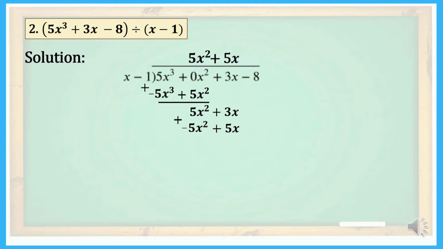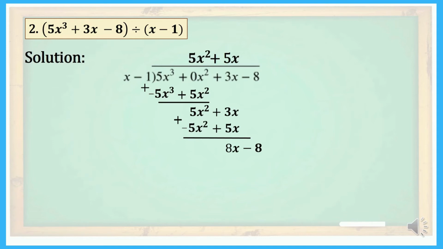And proceed to addition. Then do the process of addition. So 5x squared plus negative 5x squared is 0. And 3x plus positive 5x is positive 8x. Then bring down negative 8.